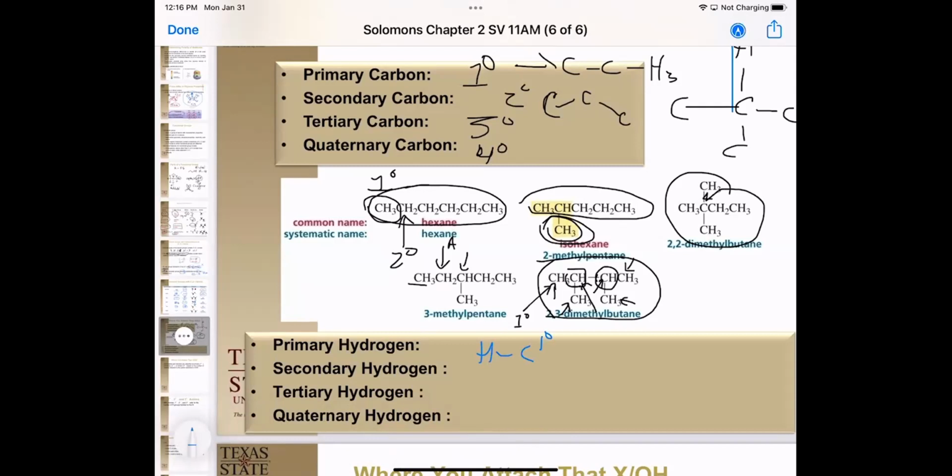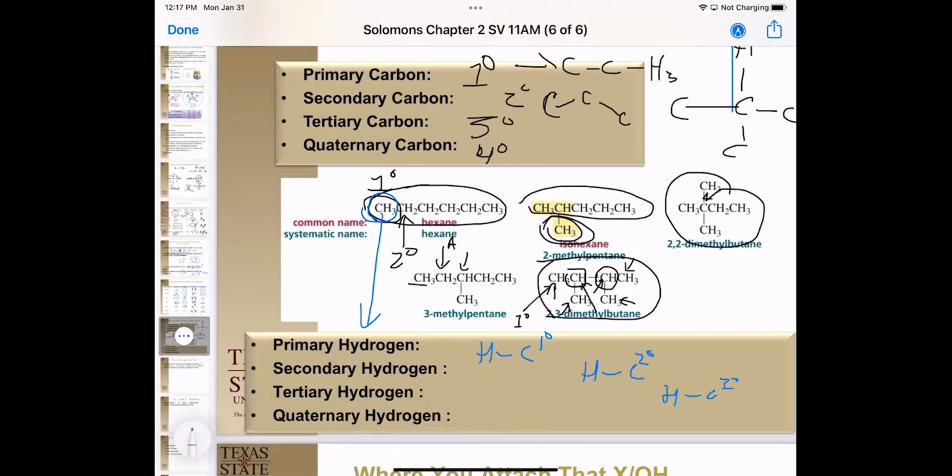That makes sense, right? So that means these hydrogens right here are primary hydrogens because those three hydrogens are attached to a primary carbon. And likewise, secondary is going to be hydrogens attached to a secondary carbon and hydrogens attached to a tertiary carbon. And then hydrogens attached to a quaternary carbon.